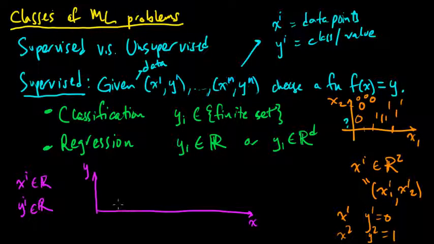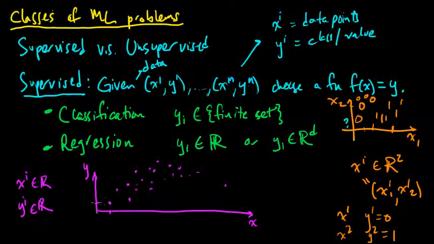So we get a bunch of data points: the first pair, x1, y1, is here, the second one's here, and I get all these different points, and maybe another weird one over there.